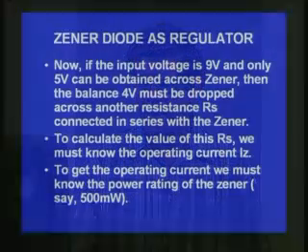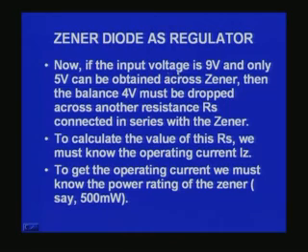Okay, now let us take a simple example. If the input voltage is 9 volts and you want only 5 volts by using a 5 volts Zener diode, then you have a balance of 9 minus 5, corresponding to 4 volts, which must be dropped across another resistance in series with the Zener diode, which is called Rs.